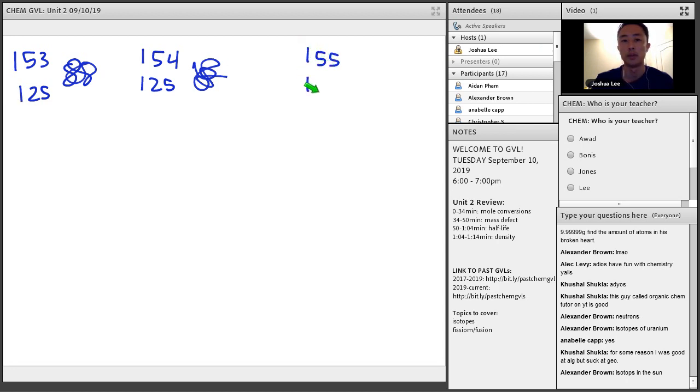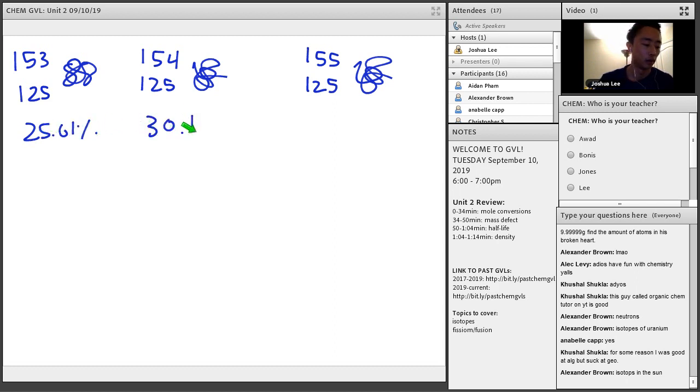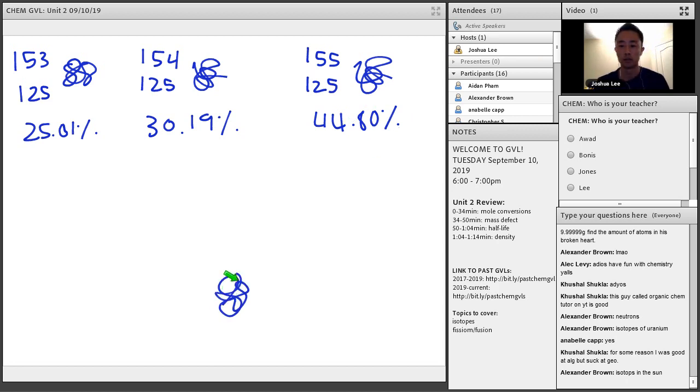This one is 25.01%, this is 30.19%, and I'm using random percents, so the last is 44.80. Figure out the average atomic mass of this element. Ready, set, go.